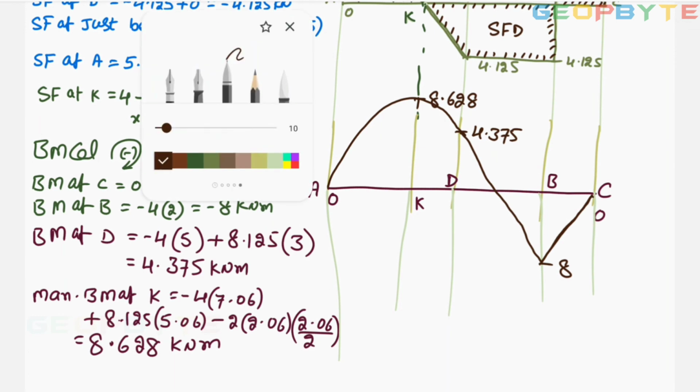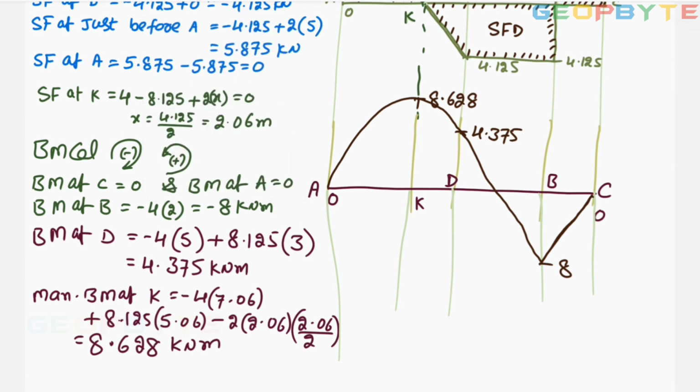Now let us enlarge it. Now the boundary should be marked like this for the BMD. You are also asked to find the point of contraflexure.